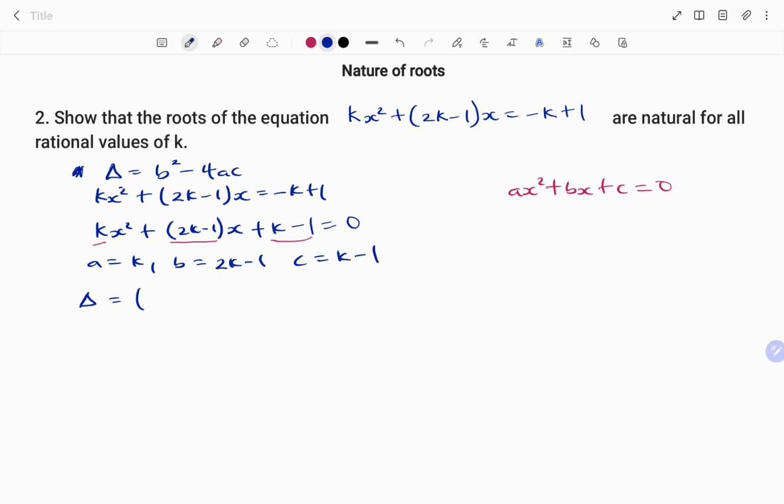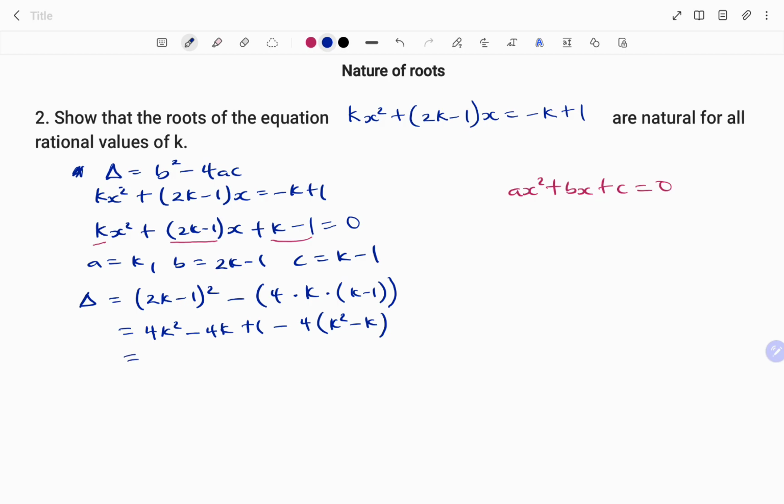If we put that back into our formula for the discriminant, we're going to have discriminant equals b squared, because it's an expression, I'm going to put that in a bracket, minus 4 times a, which is k, times c, that's k minus 1. It's a nested bracket. If I expand, I'm going to have 4k squared minus 4k plus 1 minus 4 in bracket k squared minus k.